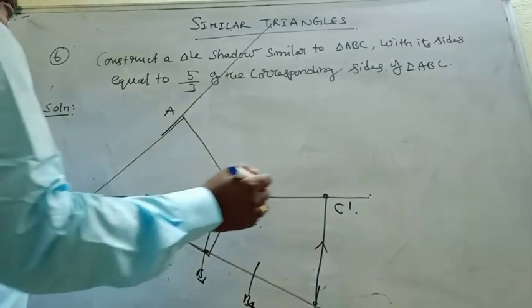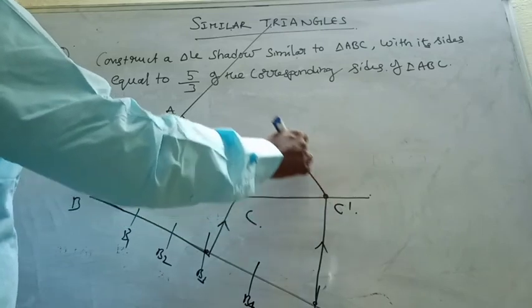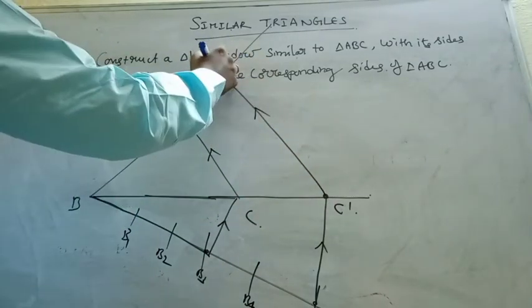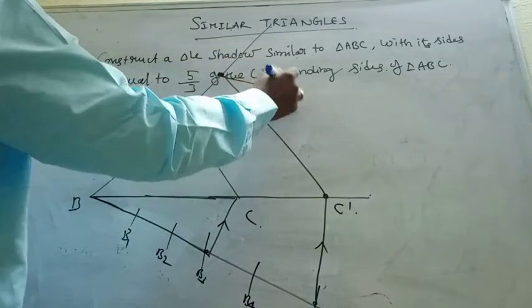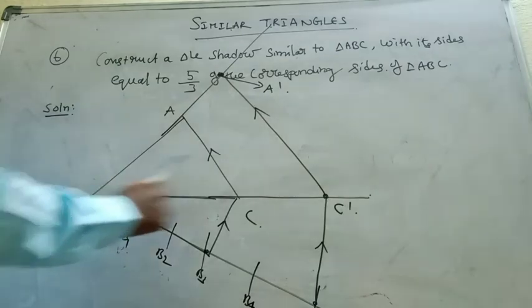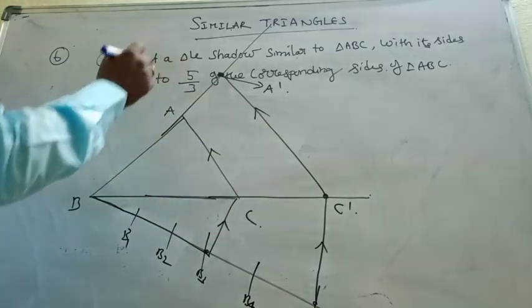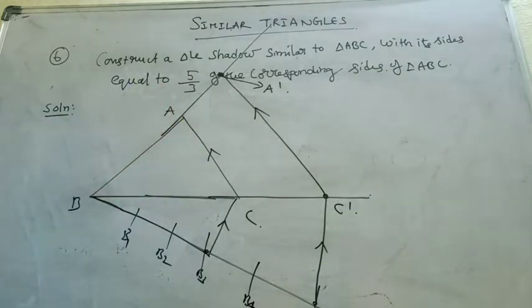Now from C dash, you draw a line parallel to CA like this. This you call A dash. Now A dash B C dash is the required triangle whose measurements are 5 by 3 of the original triangle ABC. It's a very simple way you have got.